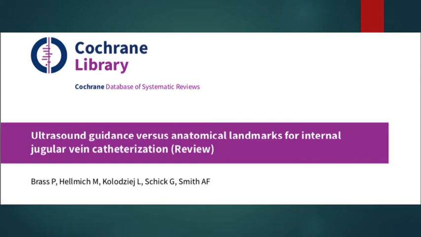By direct, I use the word dynamic, which means you are inserting the central line under ultrasound guidance throughout the entire process, as opposed to indirect, where you use your ultrasound to identify your anatomy, to pick your insertion point, and then you put that down whilst you do the procedure.